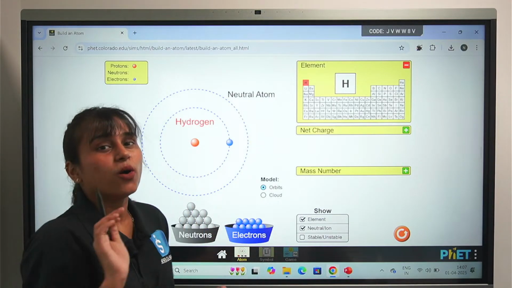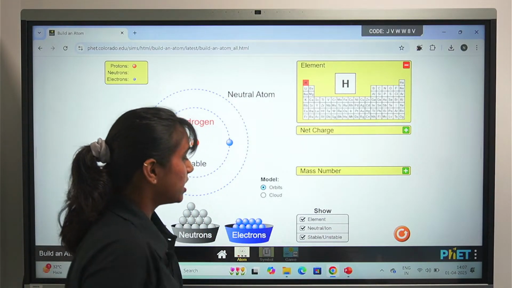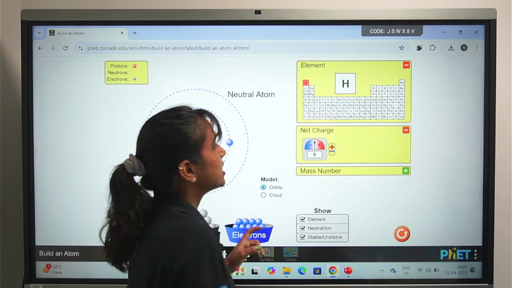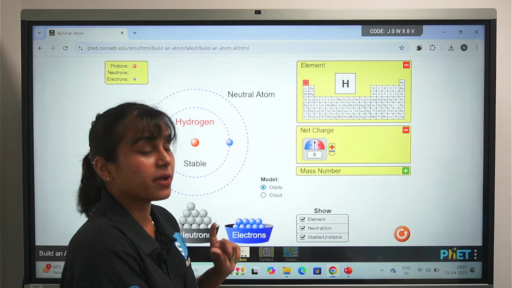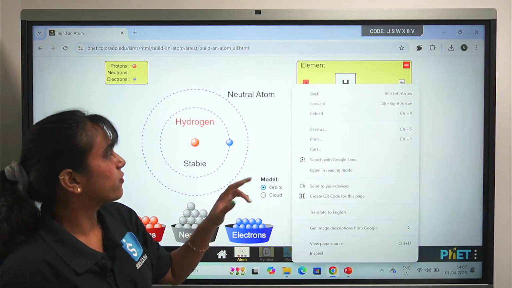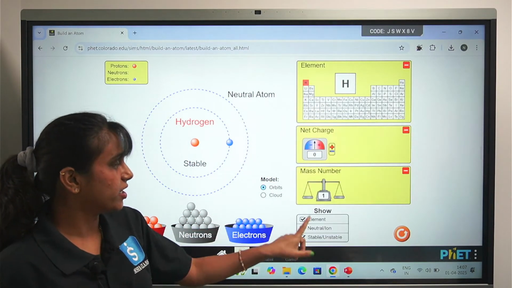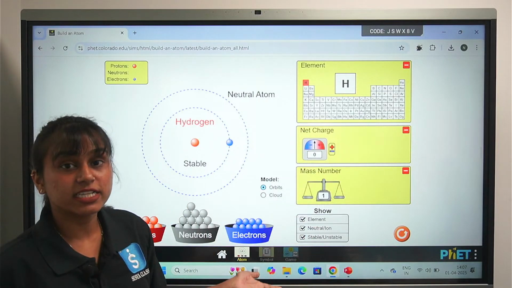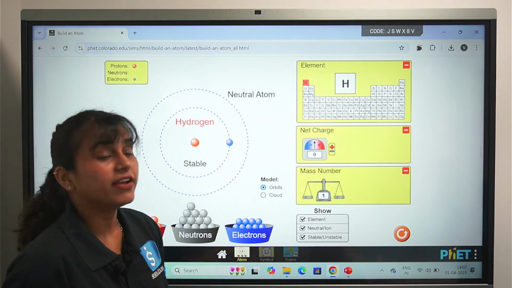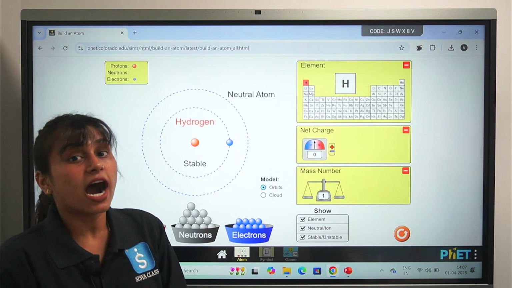And I want you to see here in this whole simulation, we will be able to see the charge on the atom that we are making, and the mass number of our atom. We have of course the periodic table here, and we will see the element. We are building a neutral atom, we are not focusing on ions here, and we will see whether our atom is stable or unstable.